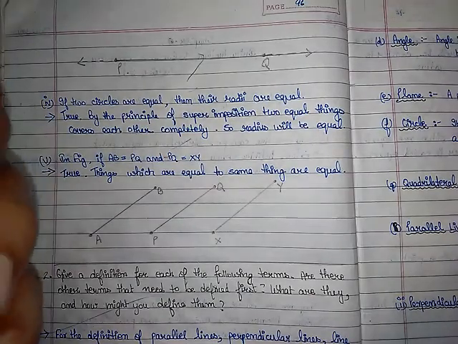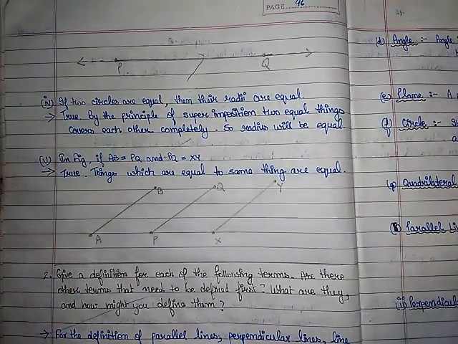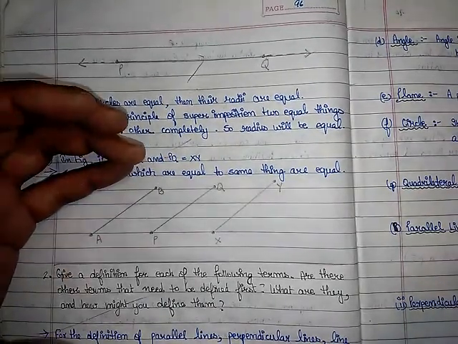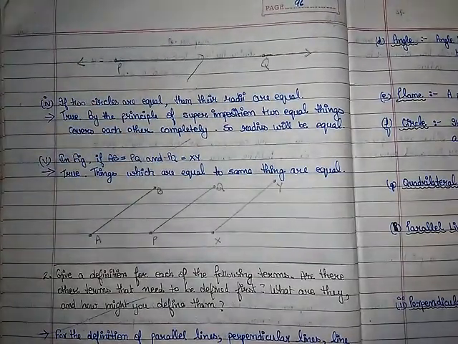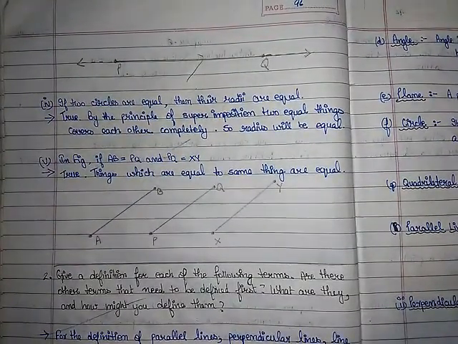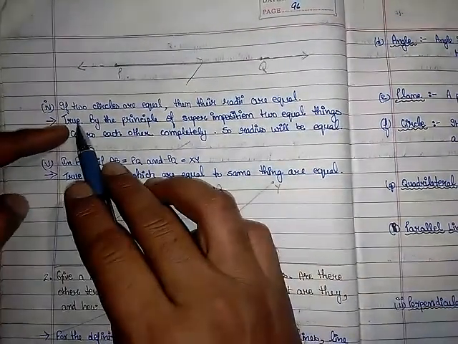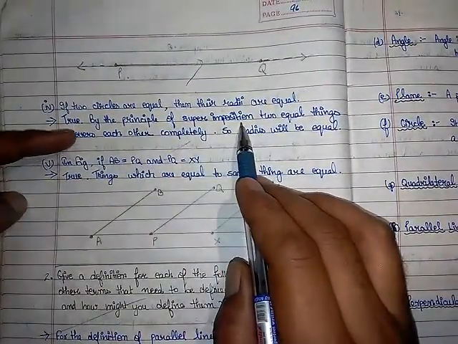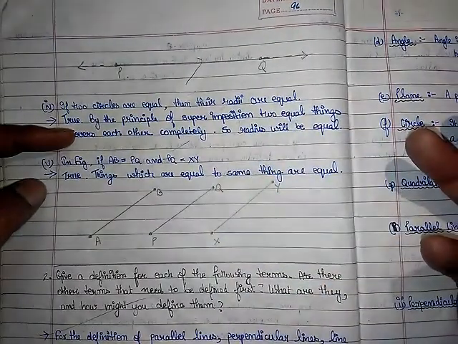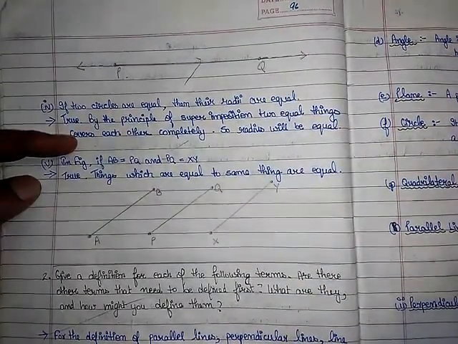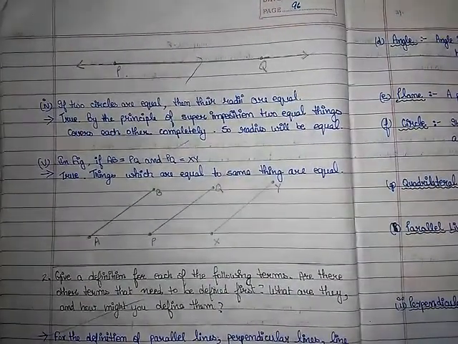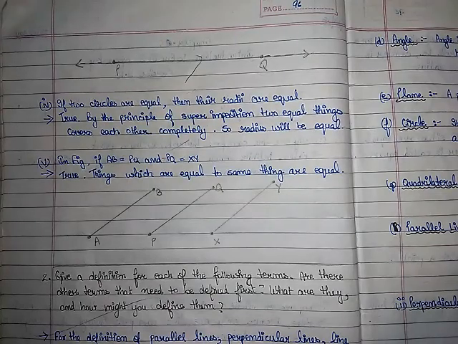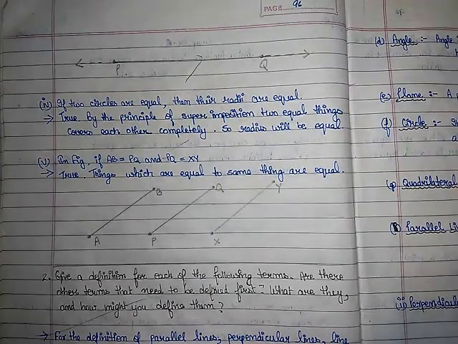If you draw a circle of 3 centimeter radius and another of 6 centimeter radius, you will come to know practically that the circle with the radius 6 centimeter will be double, or you can say bigger than the previous one. So you can imagine yourself. So this is true by the principle of superimposition. Principle of superimposition means overlapping.